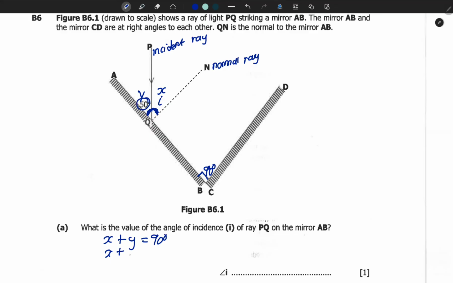We have a 50. So if we shift to this side, you get 90 minus 50, giving us a 40. So the value here is 40 degrees. Or the simplest way is to find the angle at this point: just subtract the given number from 90. So here we have 40.